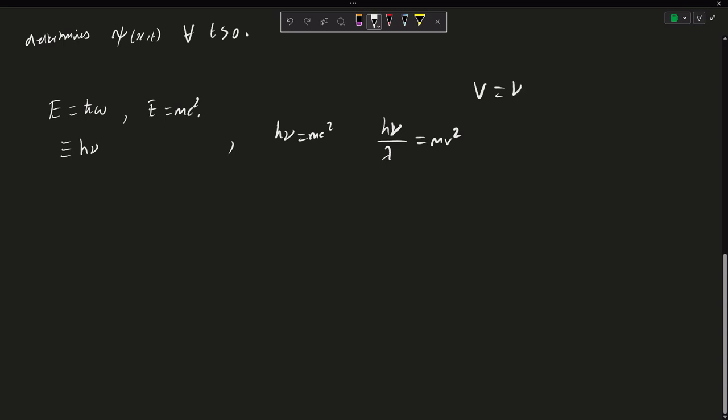So this is your frequency, and this is your wavelength lambda. So if we divide both sides by lambda, we can rewrite nu as v over lambda. Then by cancelling v on both sides, we get h over lambda equals mv.